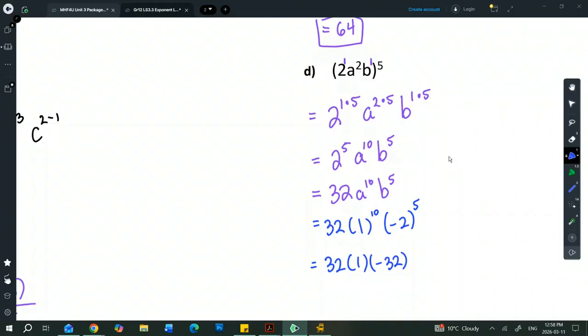Okay, and then we'll multiply all of those together. Good. -1020.